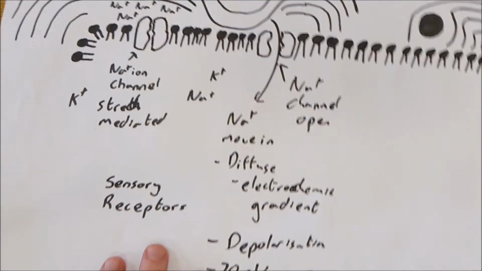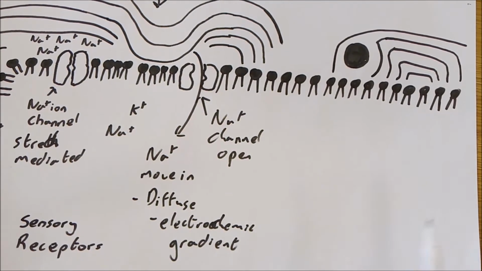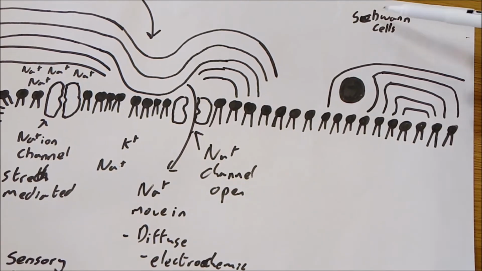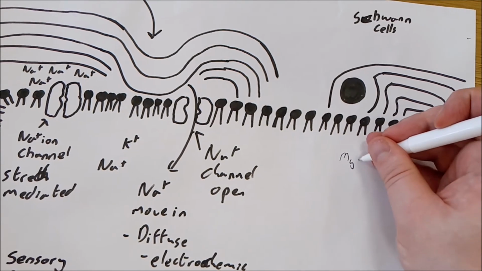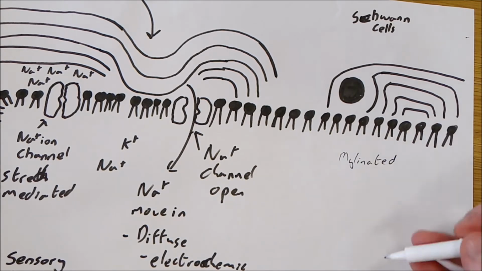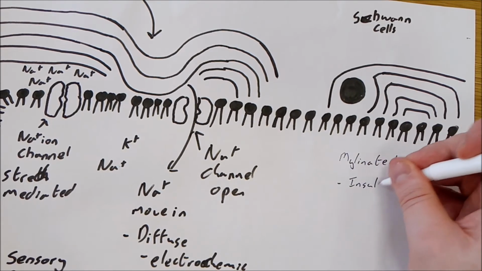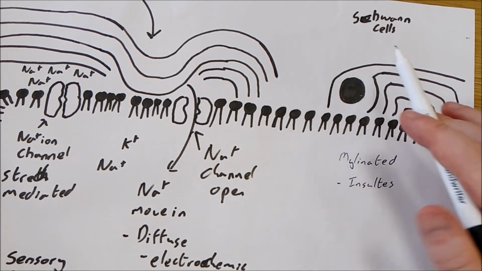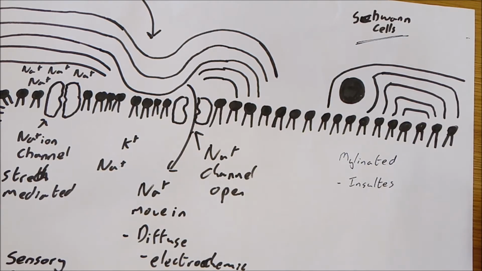So if we just move on, the next bit that we want to look at is the fact that nerve cells are myelinated, right? They're myelinated, which insulates them. And this myelin is produced by the Schwann cells, right?